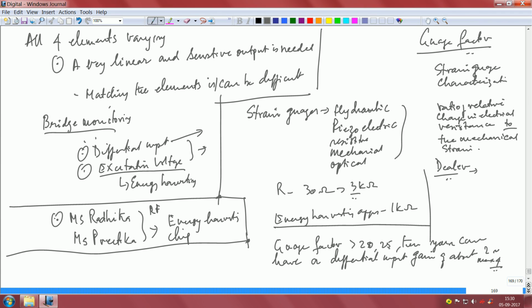Okay. But if gauge factor is low, then your gain has to be increased.